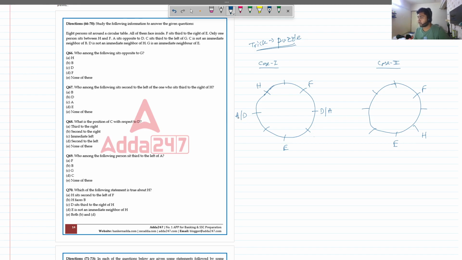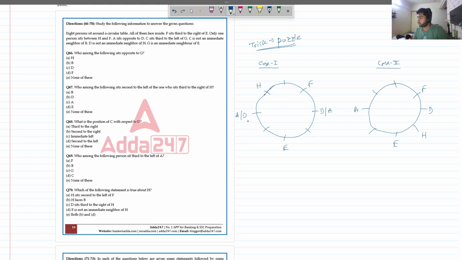I am writing both the cases in this scenario, in case one only, because we don't know that with H over here, A sits here or D sits over here. If I write just A over here and D over here, that means we are implying that when H sits over here, D sits here and A sits here. But we do not know that for either this configuration or that configuration.